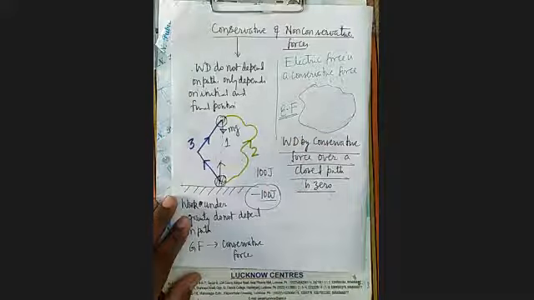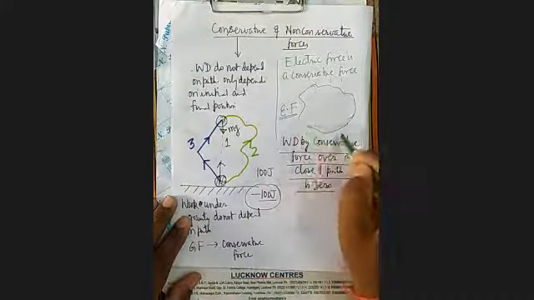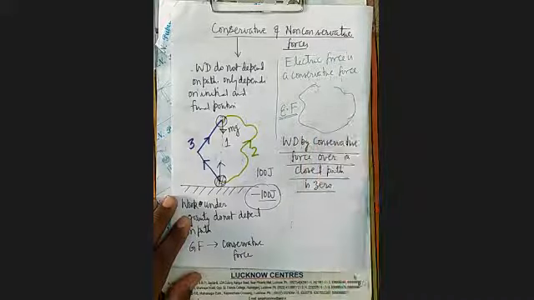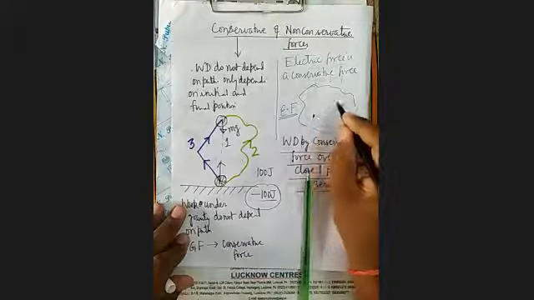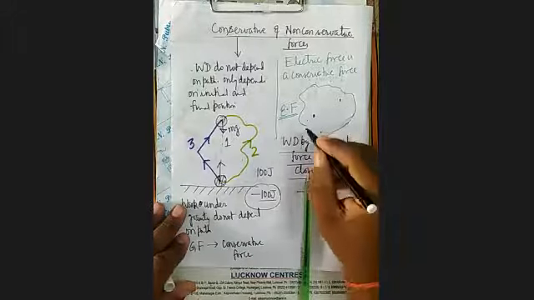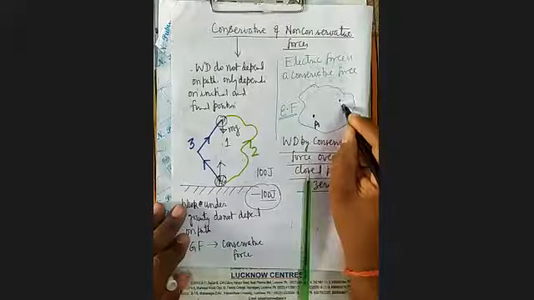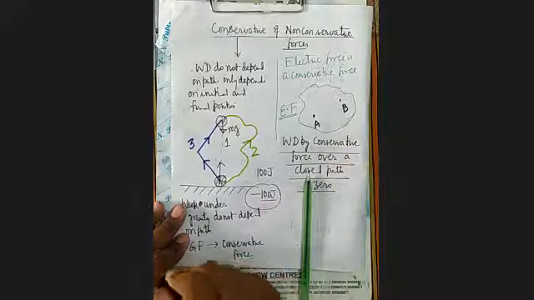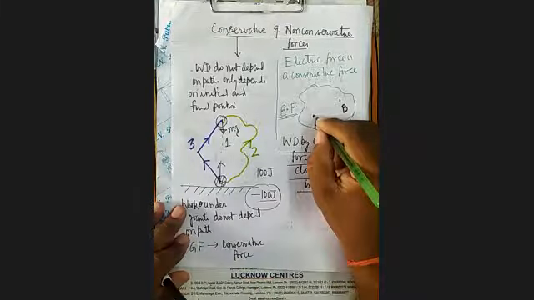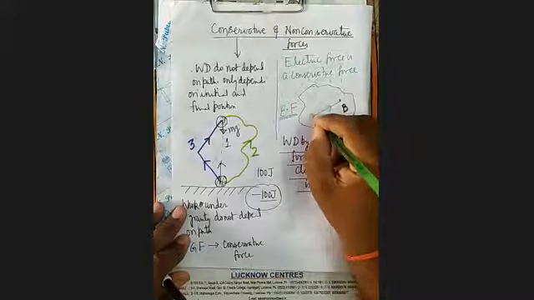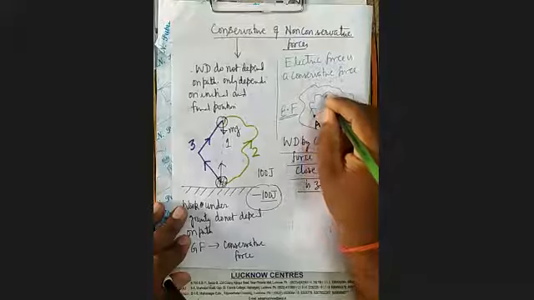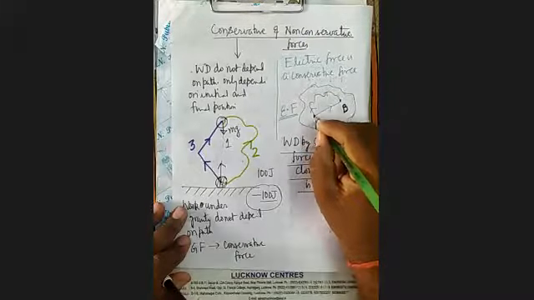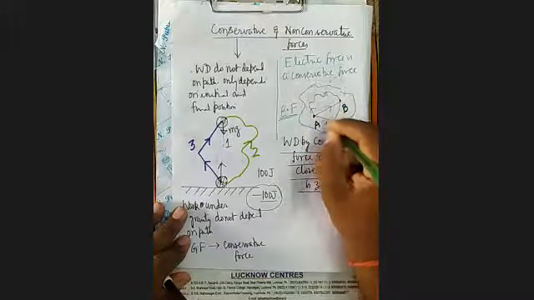So suppose this is a region where an electric charge is experiencing force. You have taken the charge from this point to this point, from point A to point B. Once you have taken it this way, then you have gone through this way, and then you have moved the charge through this way.